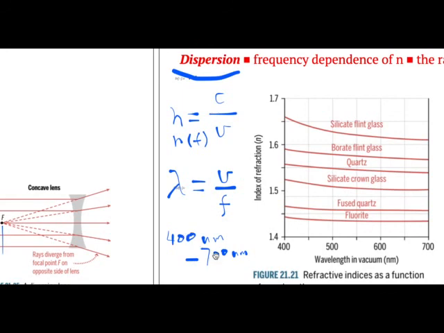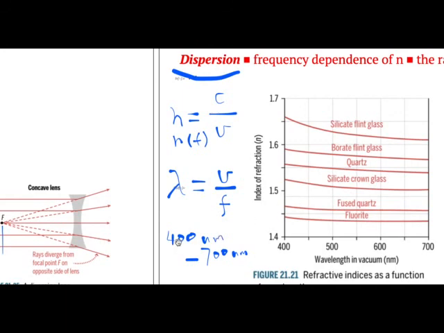Now, if you pass white light through a prism, by refraction, different colors will be diverted by different angles, because the angle depends on the index of refraction, and the index of refraction depends on the wavelength. So red light, long wavelengths, will be bent through a different angle than blue light or violet light.